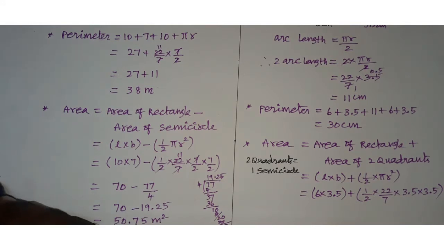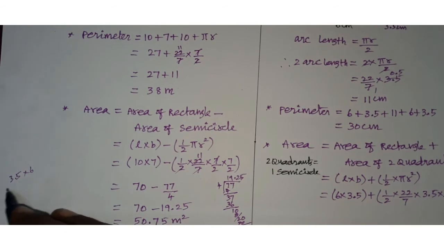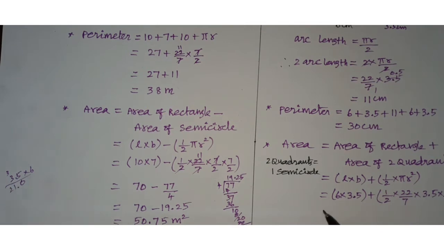So 3.5 into 6, when you multiply we get 6 5s are 30, 6 3s are 18 plus 3, 21.0, that is 21 plus. Okay. Here we can cancel: 2 1s are 2, 11s are 11, 7 1s are 7, 0.5. Now 11 into 0.5, 5.5, then 5.5 into 3.5 we have to multiply.